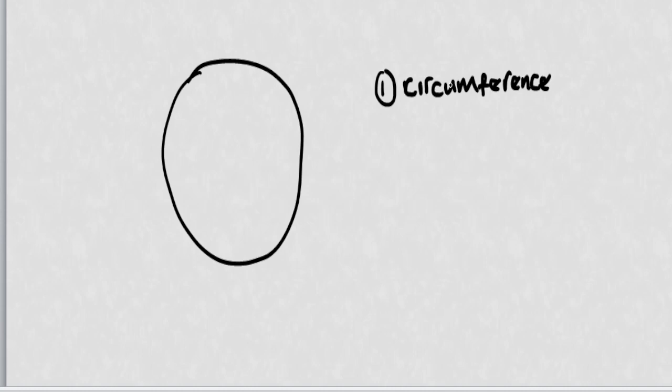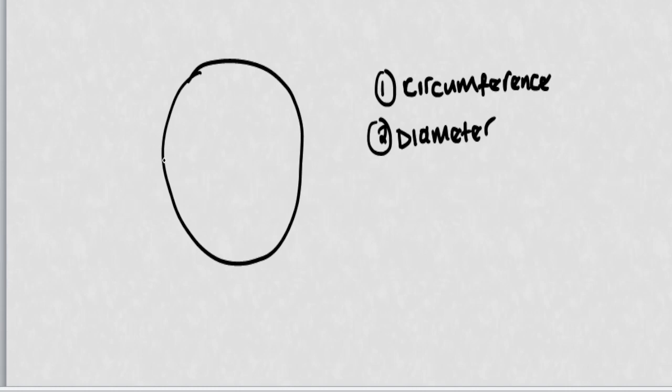A circle also has what we call the diameter. And what we mean when we say diameter, this simply means a straight line that is drawn passing through the center of the circle.